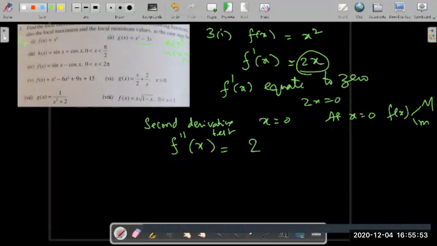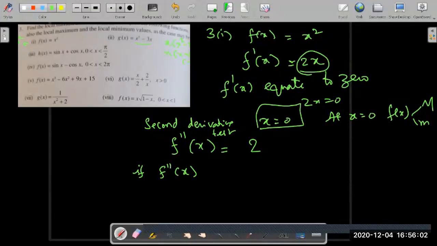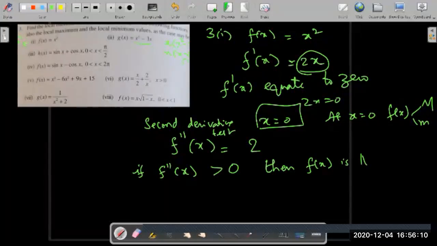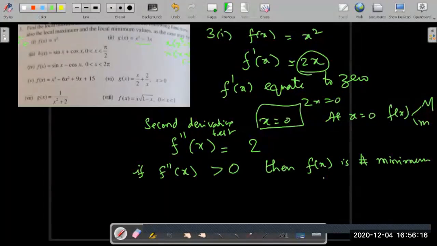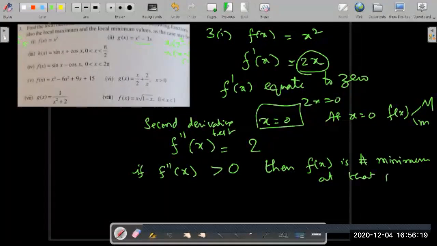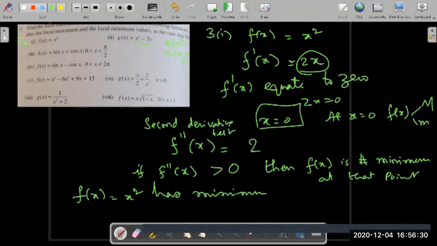What the test says is, if f double dash x for that value of x we are trying is greater than 0, then we call it a minimum at that point, and therefore we say that f of x equal to x square has a local minimum at x equal to 0.